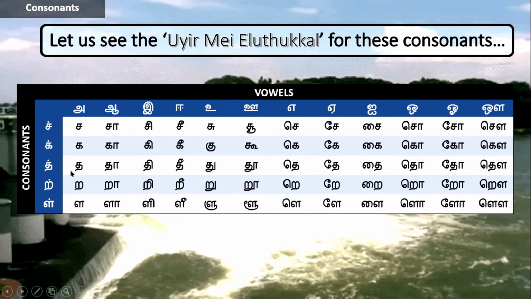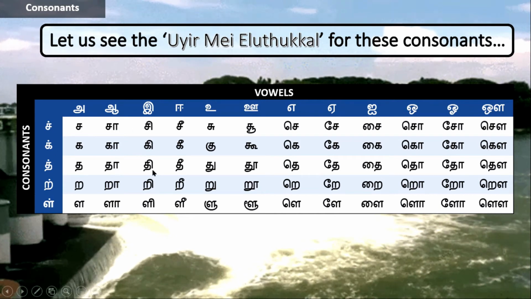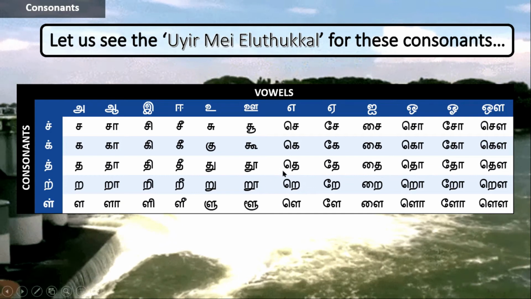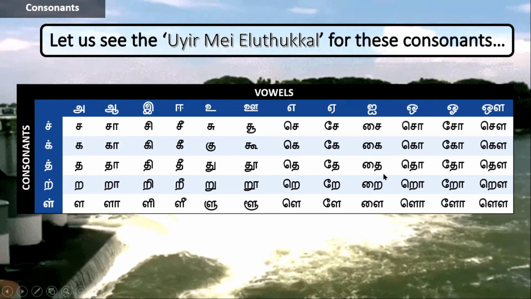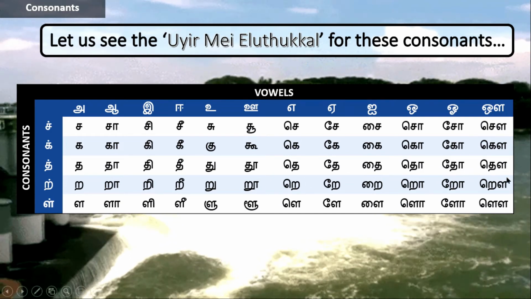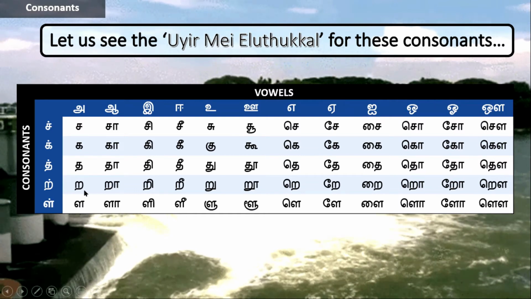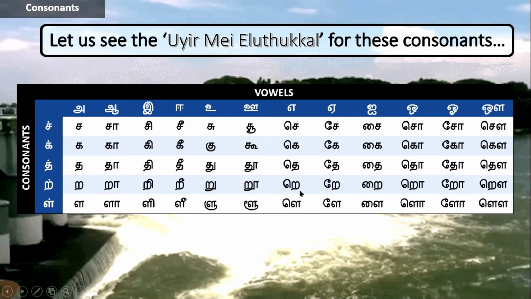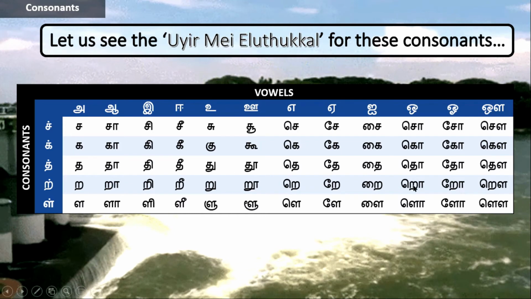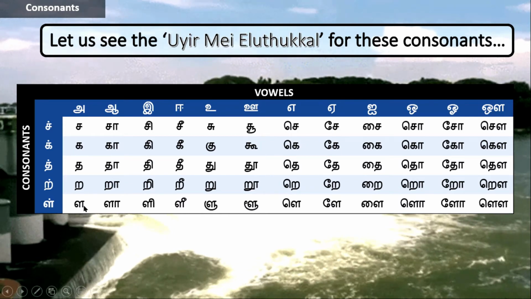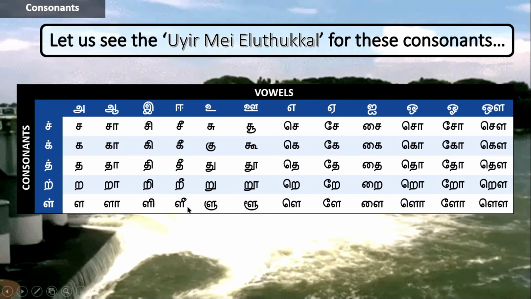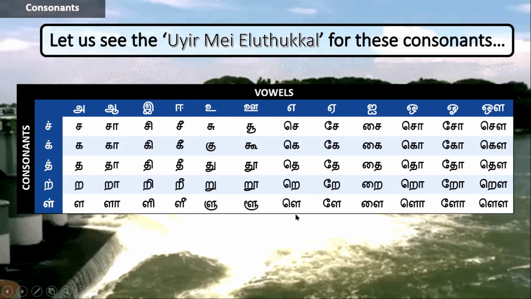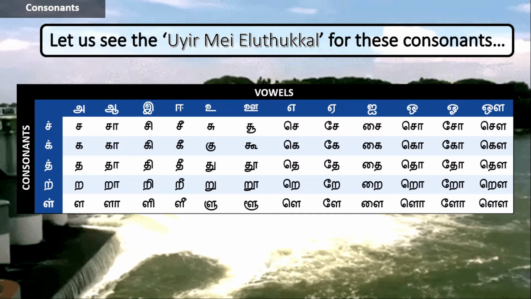For it we have ta, ti, tu, te, tai, to, tau. For ir we have ra, ri, ru, re, rai, ro, rau. For il we have la, li, lu, le, lai, lo, lau.